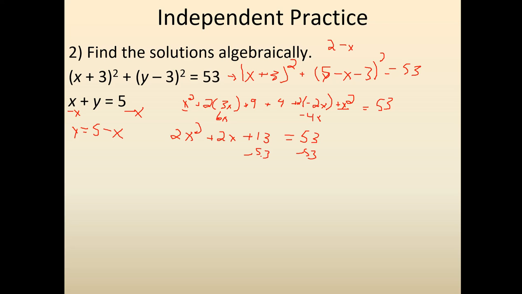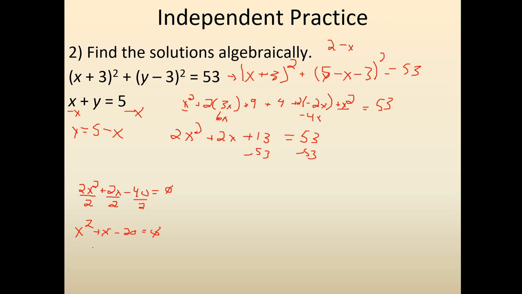And I end up getting 13 minus 53. So my quadratic becomes 2x squared plus 2x minus 40 equals 0. Divide all my terms by 2. And I get x squared plus x minus 20.